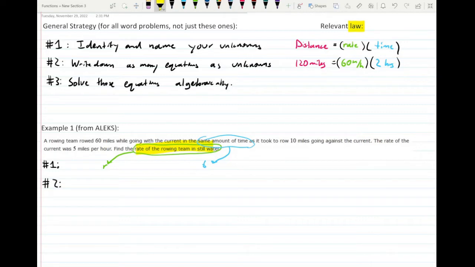And so for this particular problem, you can think that we want to write one equation for each trip that the rowing team made, and that both equations are going to use this law.